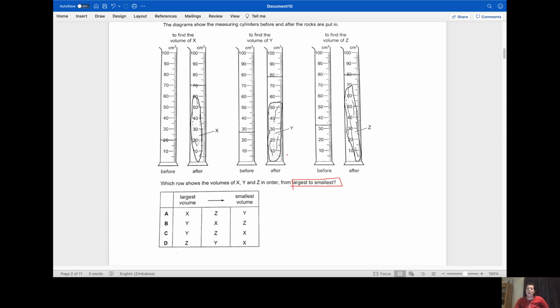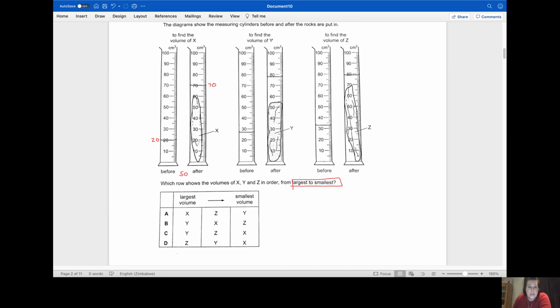What you need to do here is figure out the volume of each rock by finding the difference between the 2 measuring cylinders. This first measuring cylinder here, the meniscus is exactly at 20. This one, it's exactly at 70. That means the volume of your rock X is 50.